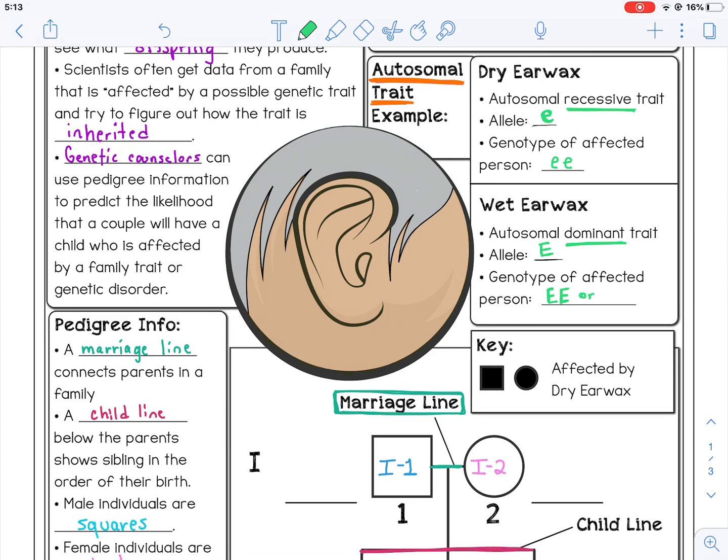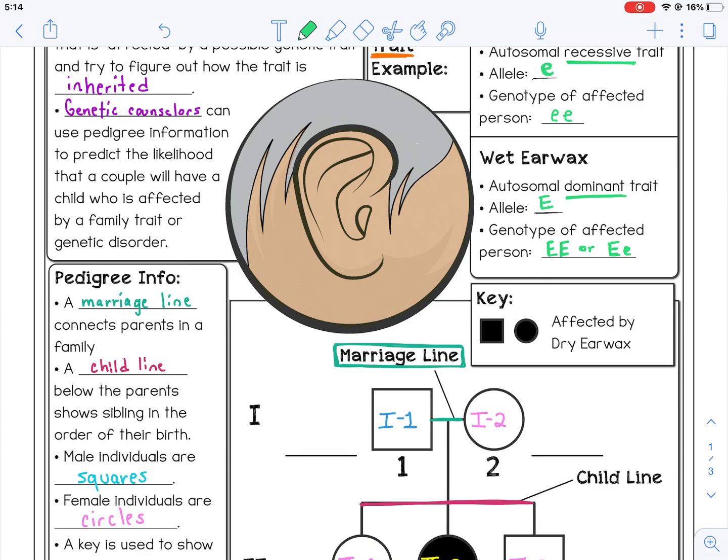But you could also have another person who is big E, little e. Remember, we always put the capital first. And since the big E is dominant, a person who is heterozygous, meaning big E, little e, is going to have the dominant trait. So they're going to have the wet earwax, even though they only have one big E allele.